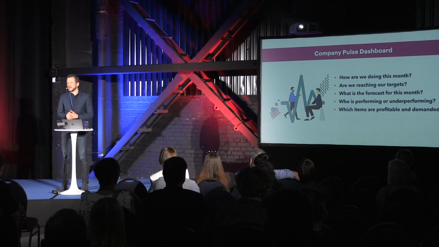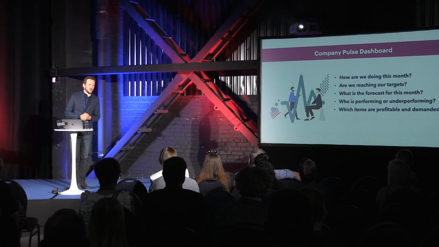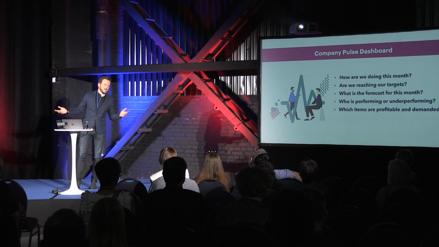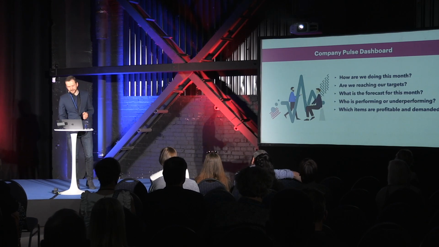Is it profitable? Is it in demand? Should you agree on a different cost price? Should you raise a price? Should you not buy or sell the item at all? Things like that. And same thing about customers. Is the customer active? Are we about to lose the customer because it's not active? Or maybe there's a sudden increase. Why is that?